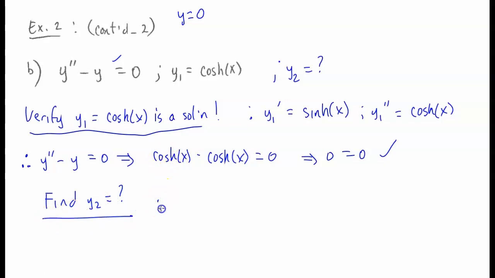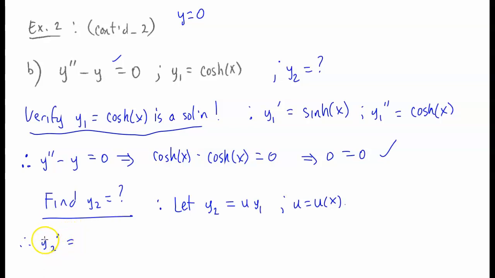Here we're going to let y sub 2 equal u times y sub 1, and remember that u is going to be a function of x. I'm just putting that there to remind us of that. Because of that, I need to find the second derivative, but to do that, I have to go through the first.